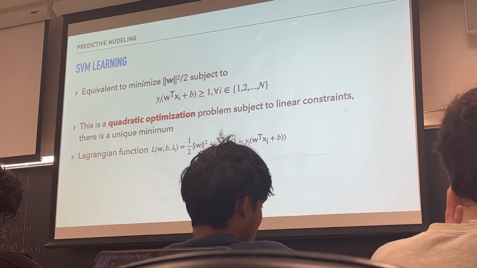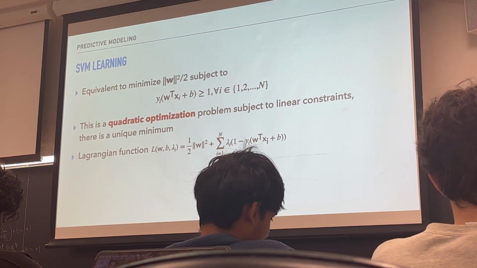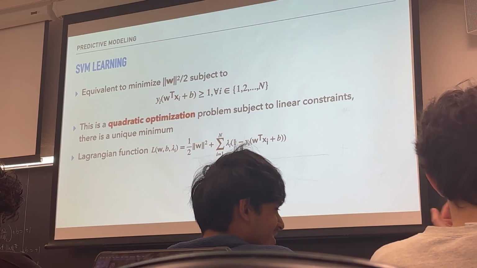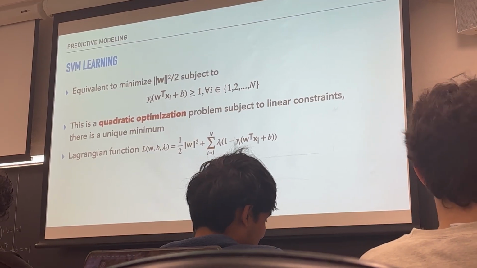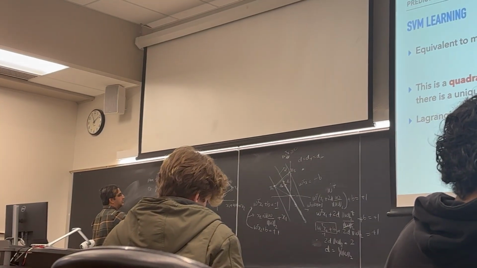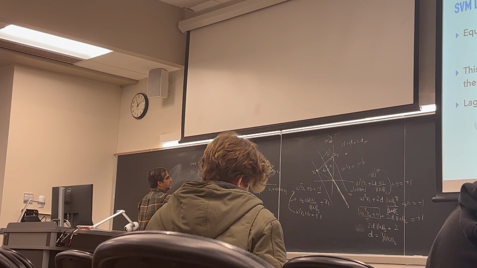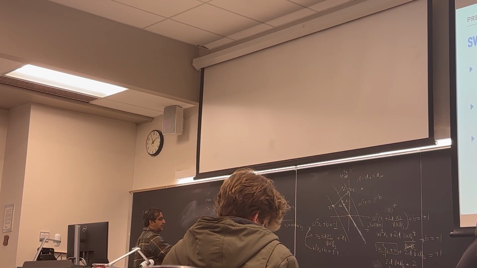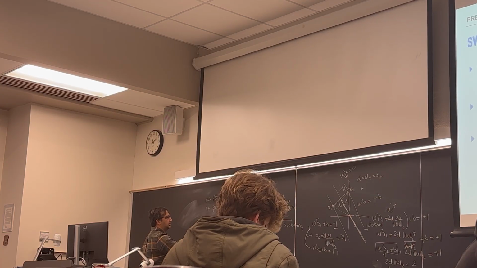In general, I have an optimization problem like this, subject to the constraint g(x) less than or equal to 0. I can write down the Lagrangian as f(x) plus lambda times g(x). The Lagrangian is in two variables.